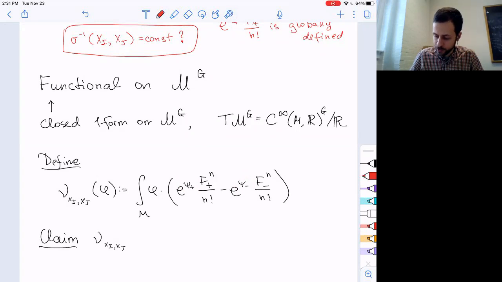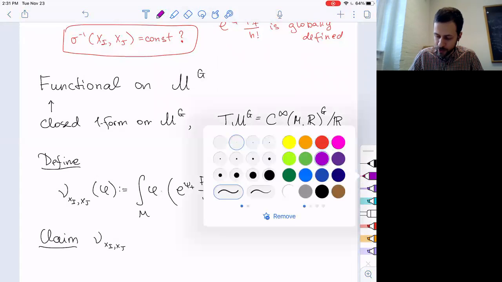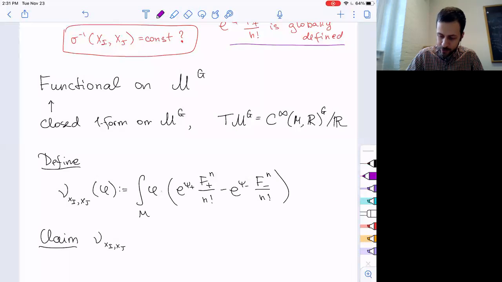I sort of swept it under the rug, and that's perhaps not right. Let me make this normalization. My normalization for potentials is that the total integral of e to the psi plus f plus to the n over n factorial, or minus likewise, is the same as the Riemannian volume.